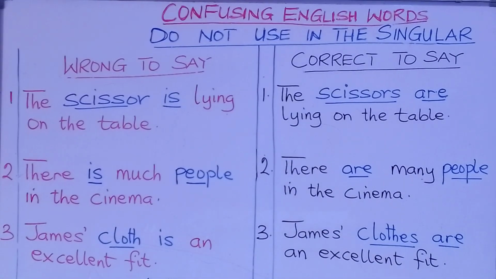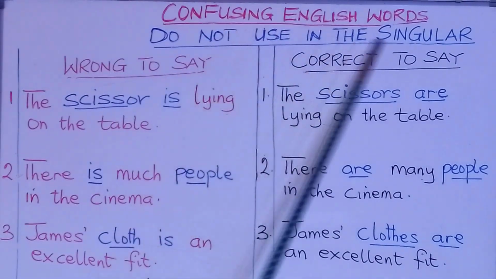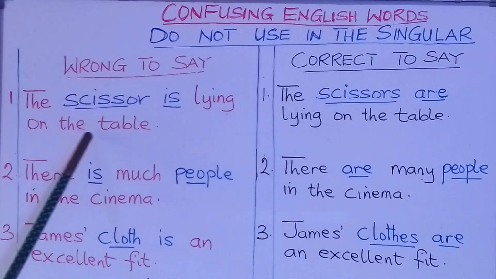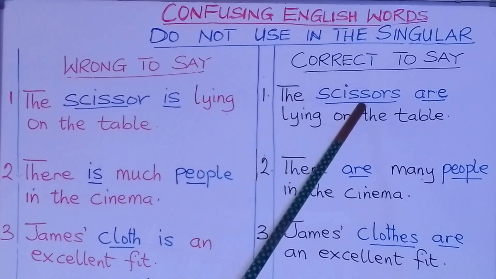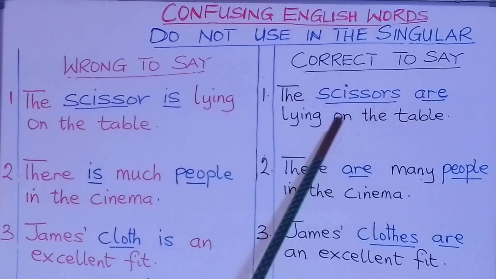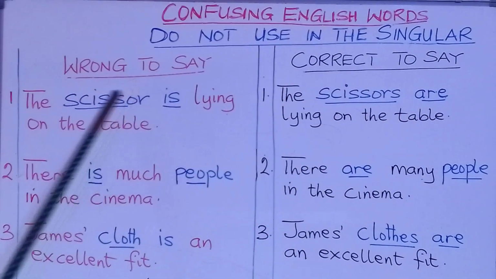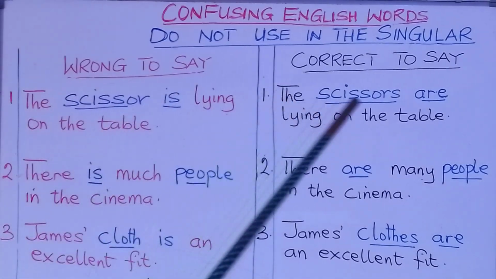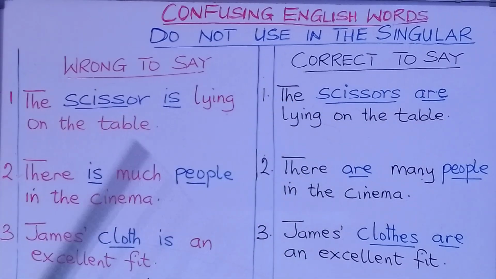Because of the explanation, confusing words that we do not use in the singular. So it is wrong to say the scissors is lying on the table. Don't say the scissor is lying on the table. Say the scissors are lying on the table.